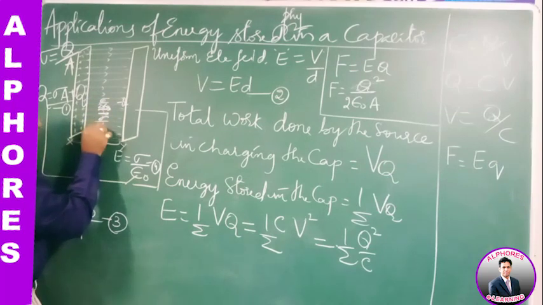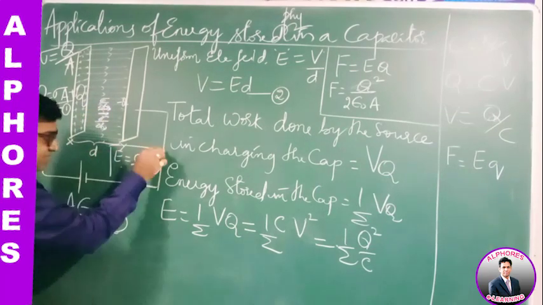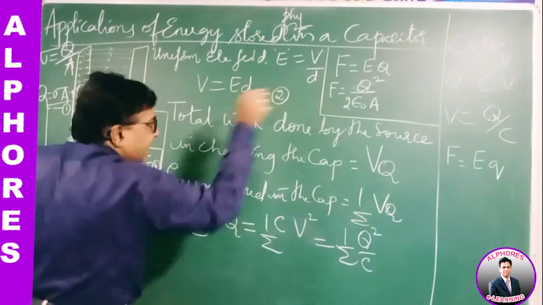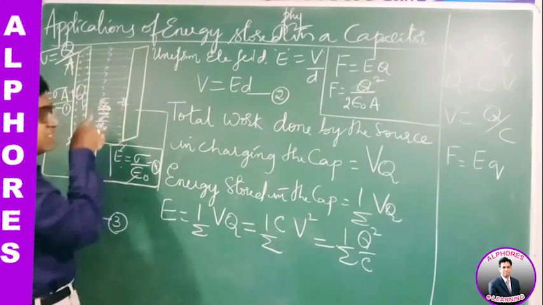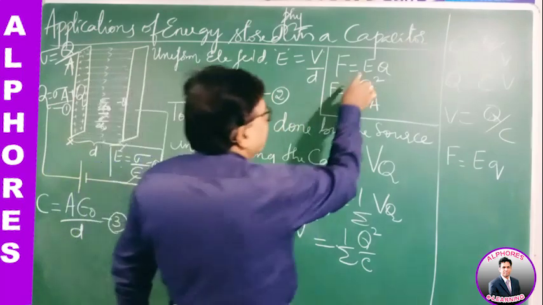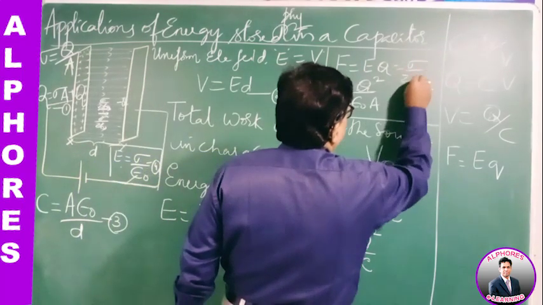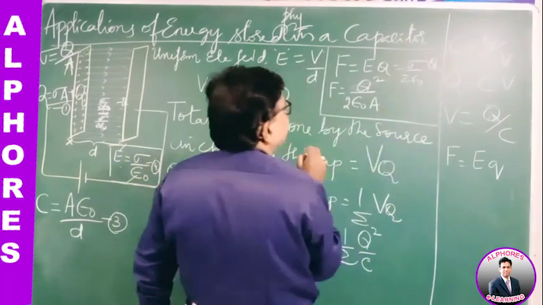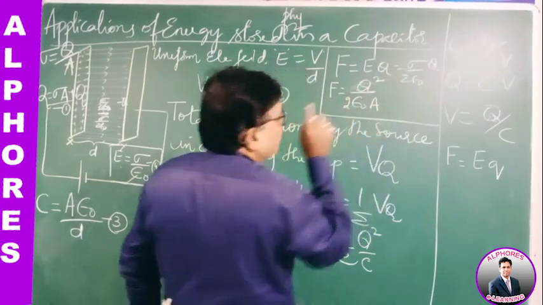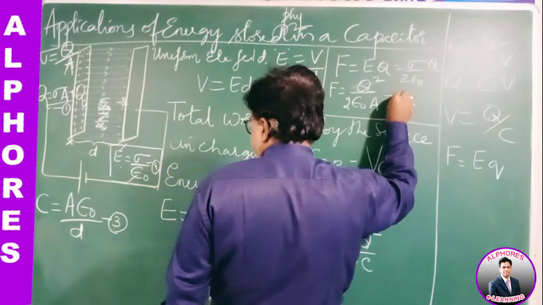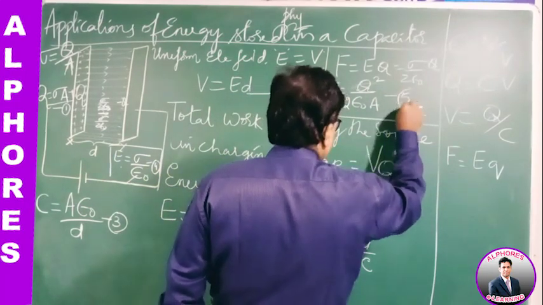The field between the plates is due to the positive plate and the negative plate. But while finding the force, in the field of the positive plate there is a negative charge existing. So it is E, that is sigma by 2 epsilon naught, into Q. Sigma is Q by A, so Q into Q by A gives Q squared by 2 epsilon naught A. Very important formula. So this is equation 5.